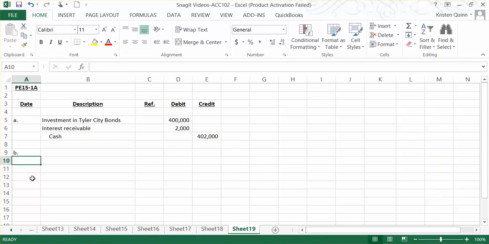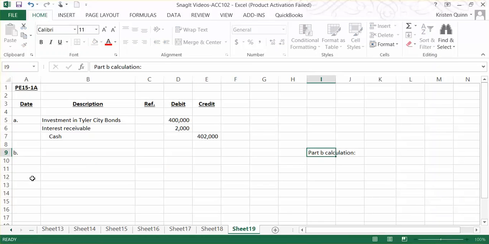In Part B, we're going to receive that first semi-annual interest payment. So before we can do our journal entry, we have to do a calculation for the interest. And we know for interest, it's the face value of that investment bonds that we're purchasing, multiplied by the interest rate, and multiplied, because it's semi-annually, by 1/2.